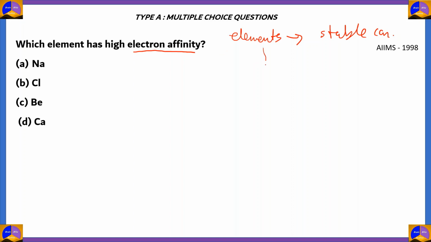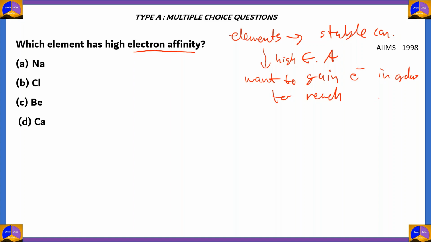So when elements have high electron affinity, it means that these elements want to gain electrons in order to reach the stable electronic configuration.